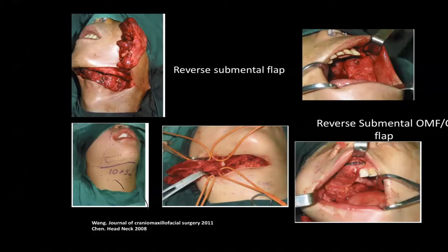So by using the reverse submental flap based on the distal stump of the facial artery, the reach of the submental flap can be increased. So the submental flap can reach areas like the palate, the retromolar trigone, and different areas.